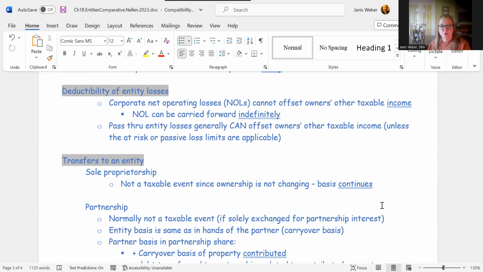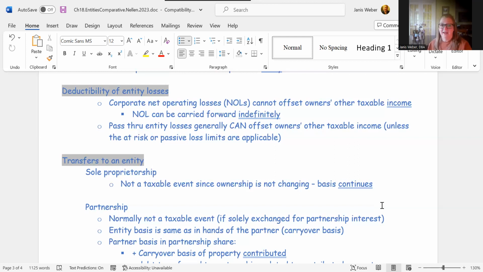And you have to make sure that when you're dealing with passive activities, they can't offset active or portfolio income. So the passive loss rules and the at-risk loss rules still apply, of course, in every transaction that you do. When you have a pass-through entity, those rules could stop you from getting a loss.